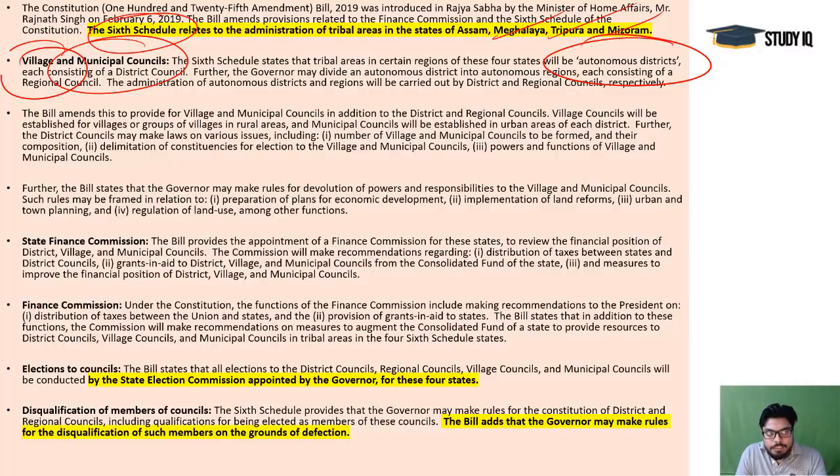Now, in addition to the district councils and regional councils, village and municipal councils will also be there. This amendment talks about their addition, and their finances would be maintained by the State Finance Commission, and the State Election Commission, appointed by the governor, would take care of the village council and municipal council elections.